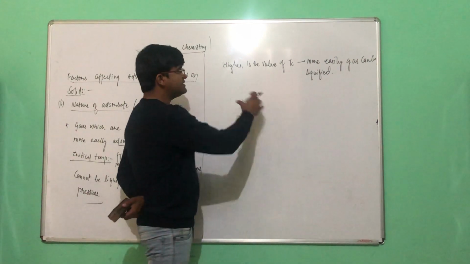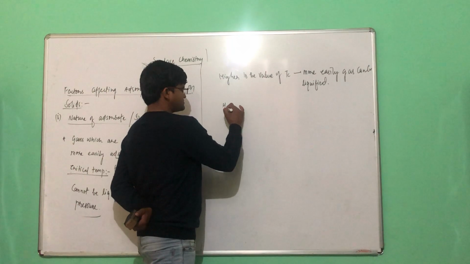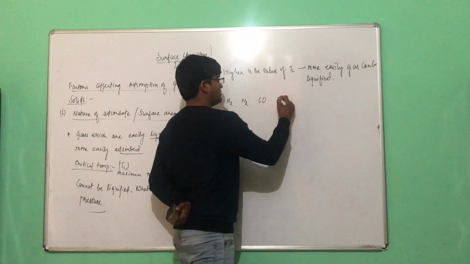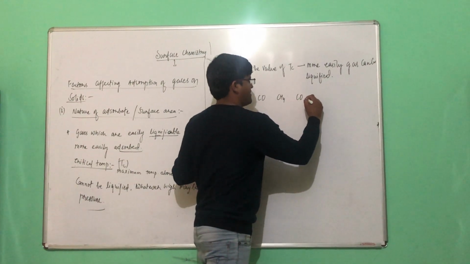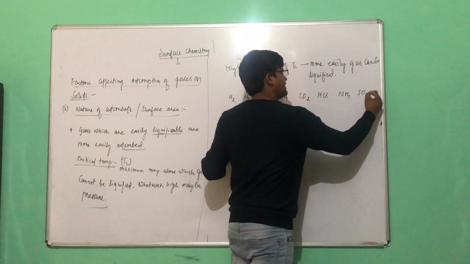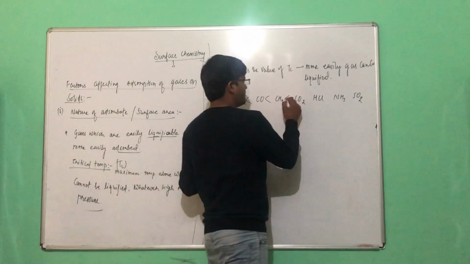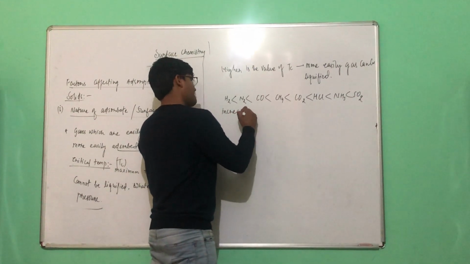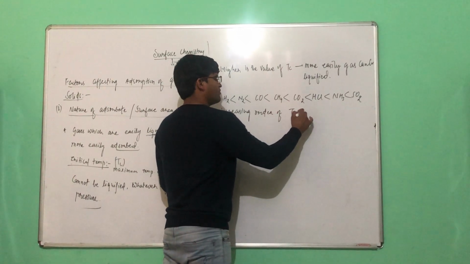What does it indicate? That means the gas will be more easily adsorbed. For example, hydrogen, nitrogen, carbon monoxide, methane, CO2, HCl, ammonia, SO2. This is the increasing order of Tc.